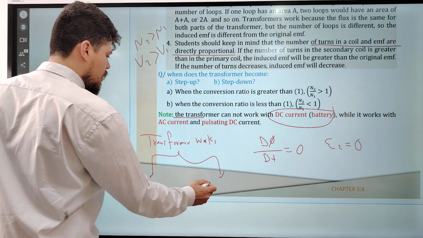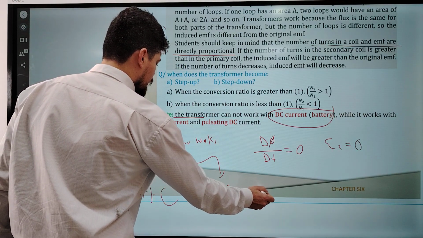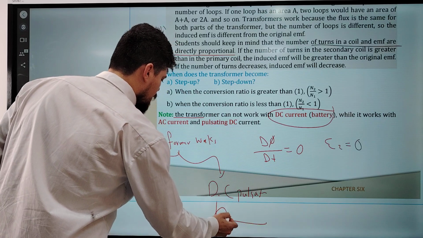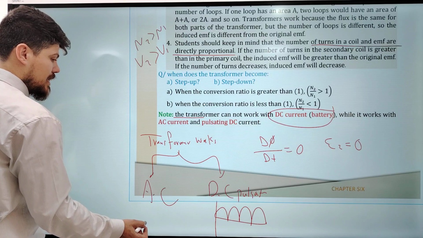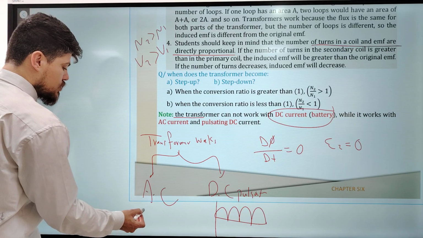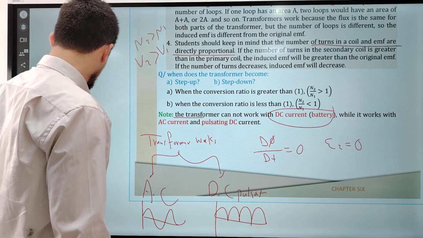AC current or DC pulsating current. Why? Because in DC pulsating current, the magnitude of the current changes, which is required for the magnetic flux change to occur. In AC, both magnitude and direction change.